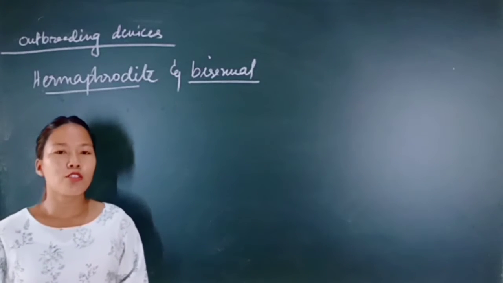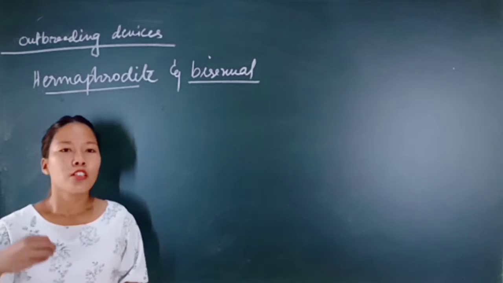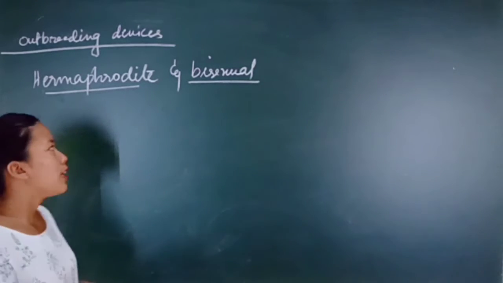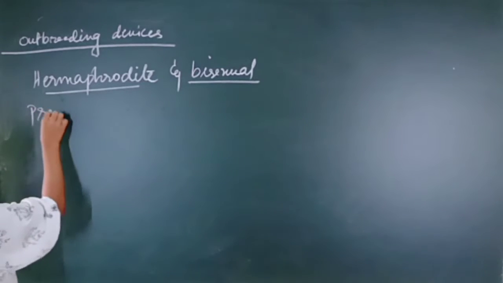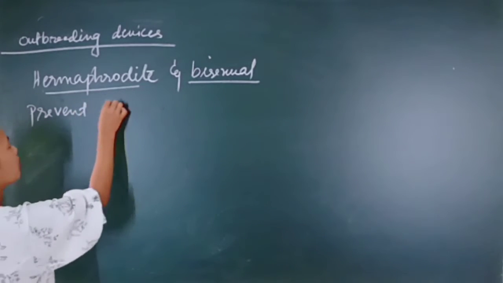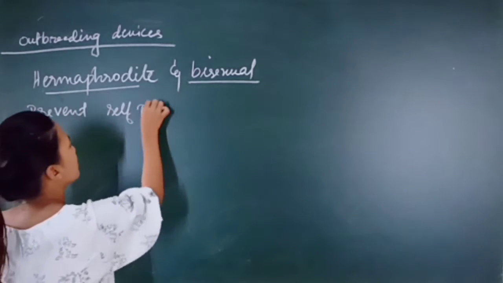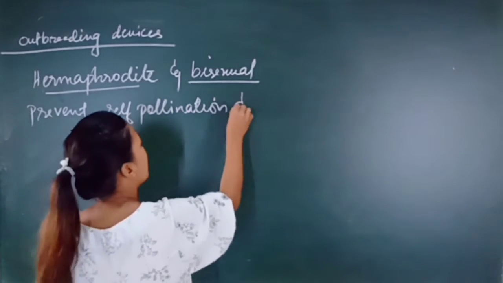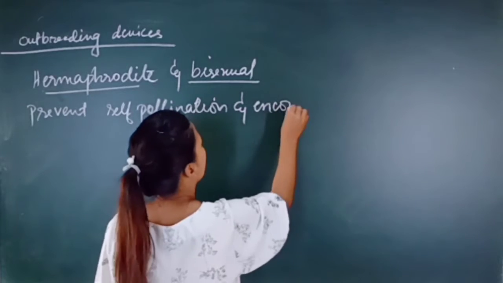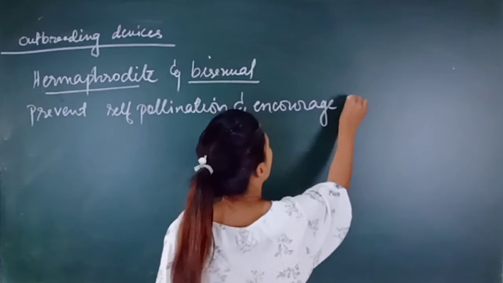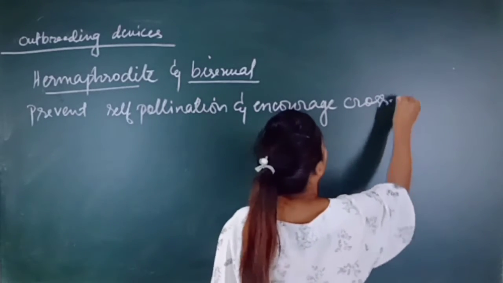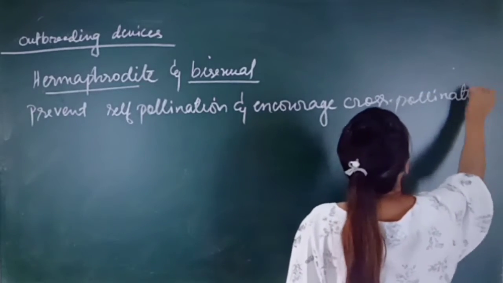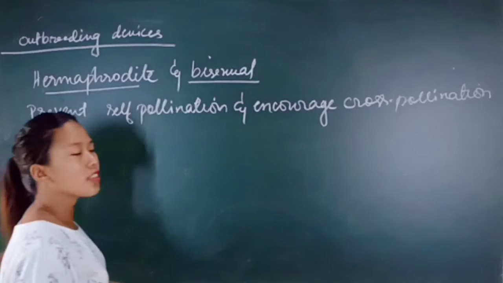They have adapted so many strategies, so many adaptations, in order to prevent self-pollination and encourage cross-pollination. So some of the adaptations, or outbreeding devices, let us discuss in this video.